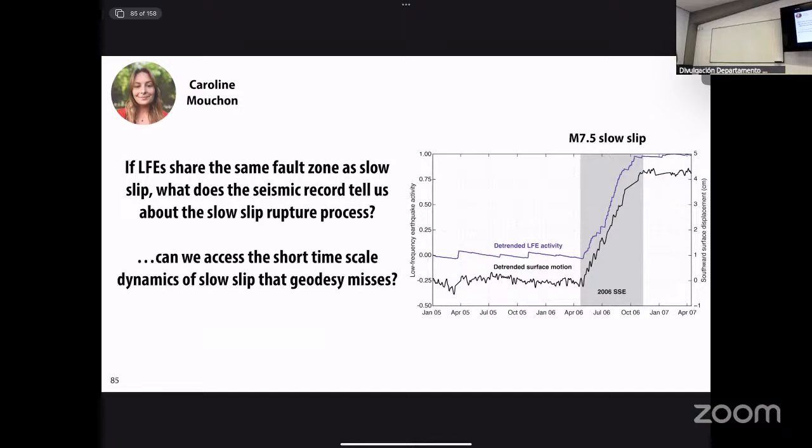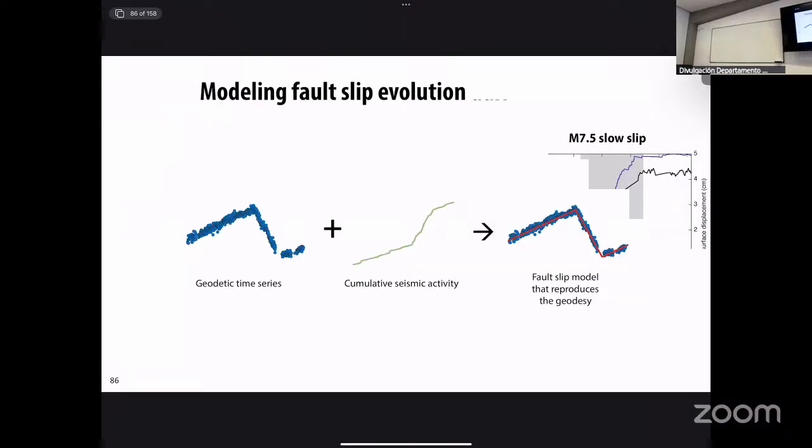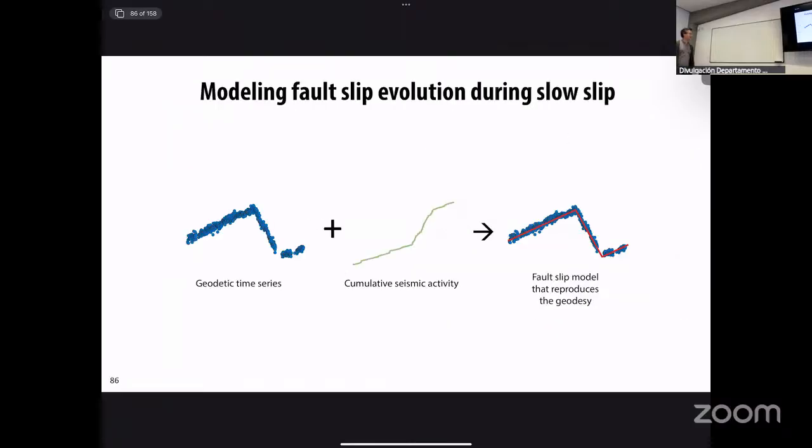What can that tell us? And can that allow us to access short time scales that we would otherwise be unable to see with geodesy alone? So the idea here is we have two observables that we want to connect with some sort of model that leverages the same physical quantity for both the data sets.